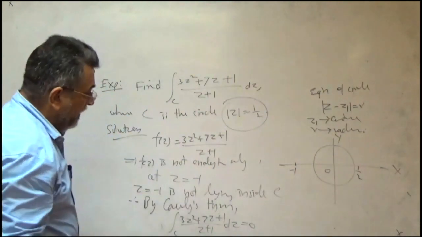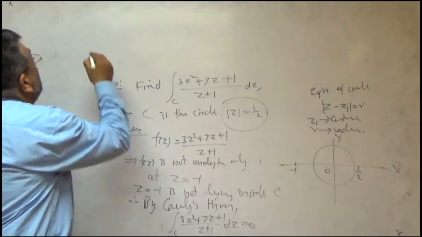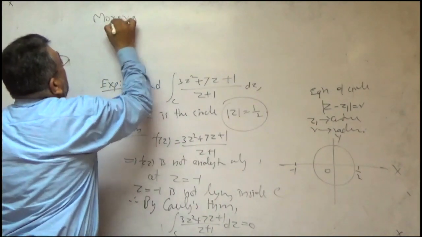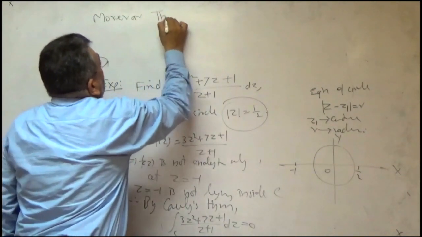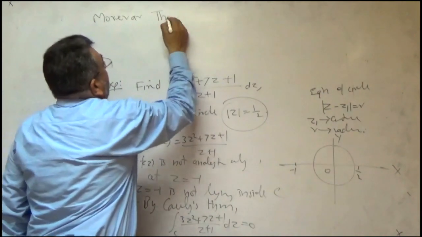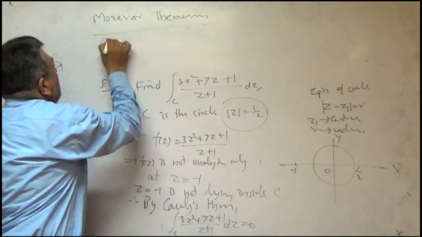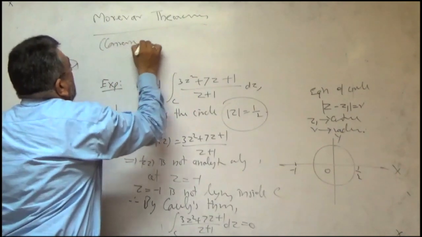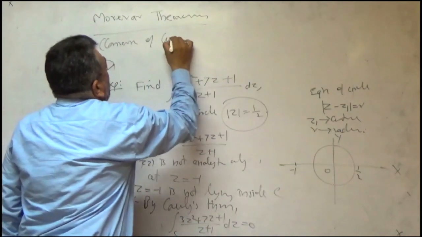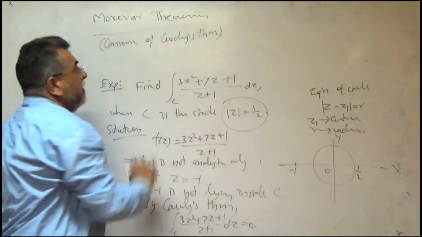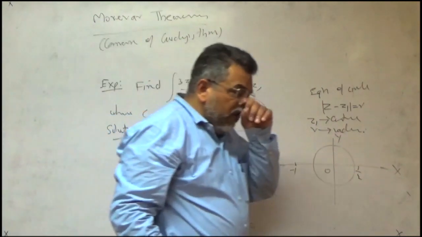And now, the next thing is Morera's theorem. Another name for it is the converse of Cauchy's theorem.